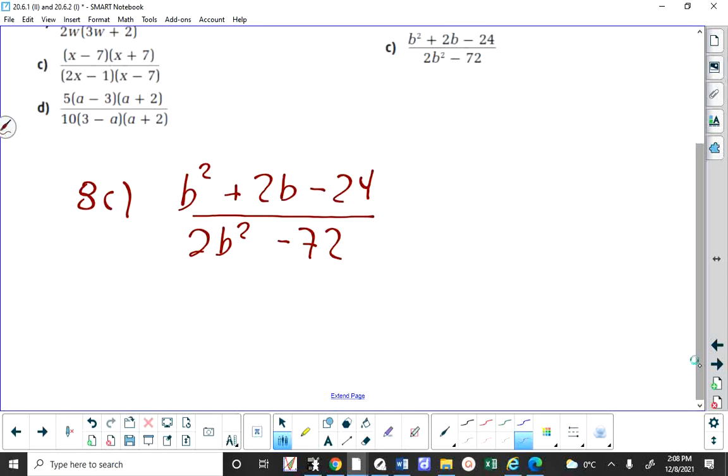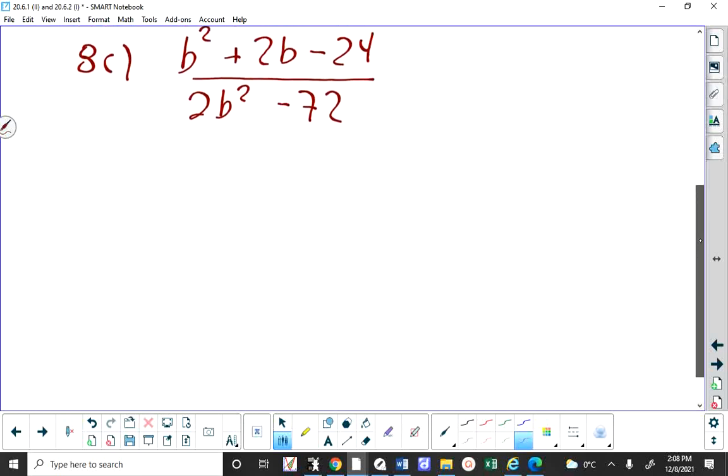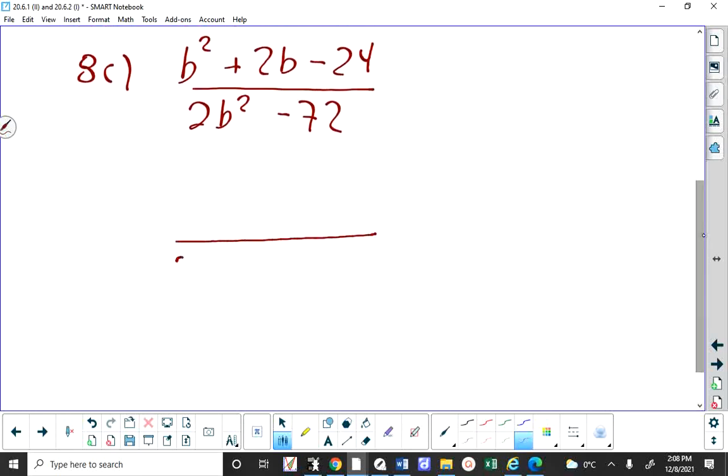I don't have a greatest common factor on the top, but I do have a factor of 2 on the bottom, so I can factor that 2 out, and I have b squared minus 36, because when I divide 72 by 2, I get 36.